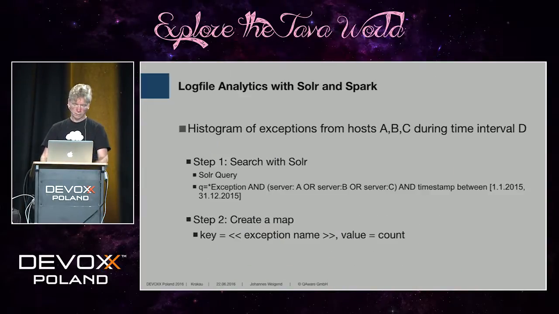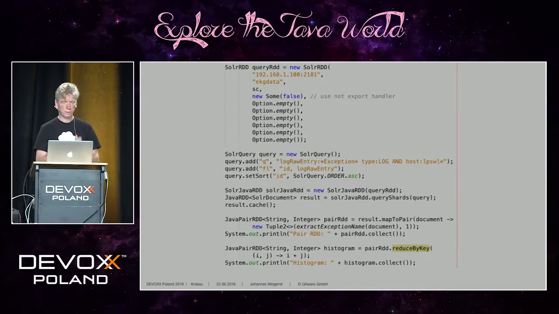Okay, and this example shows you how to make a histogram of exceptions, for example, if you do log file analysis with Solr and Spark. You make a query, you first select the exceptions which may be interesting.